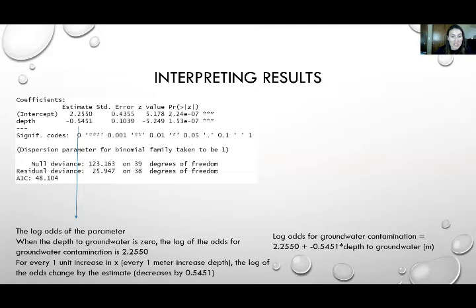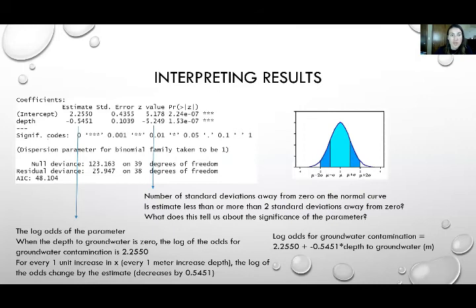So in our case, the log of the odds decreases by 0.55 for every 1 meter increase in the depth to groundwater. And so when we take those two estimates, we can create an equation. The log odds for groundwater contamination equals the intercept plus the slope of the depth to groundwater estimate times the groundwater depth in meters.